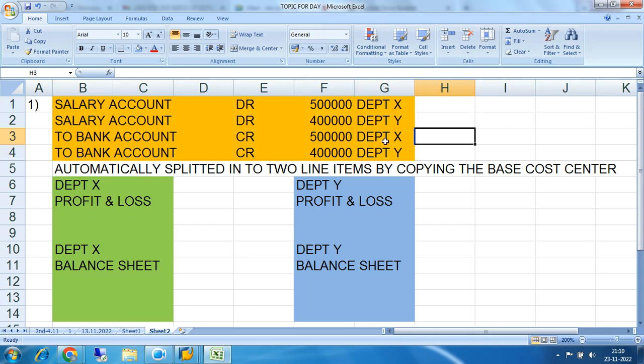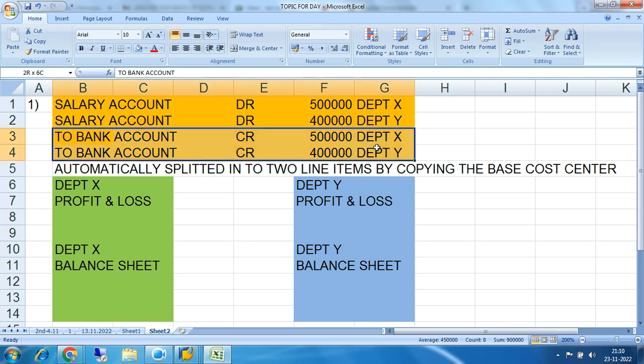If it is not split, then definitely there is no possibility of preparing a profit center-wise balance sheet. It is not at all possible, because my user only chooses the profit center or cost center of the respective expense account.